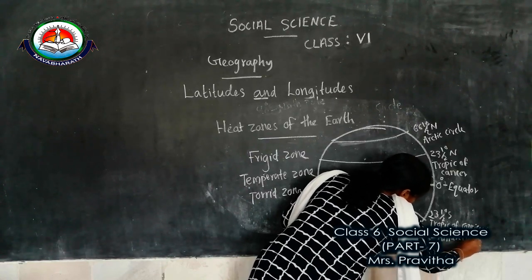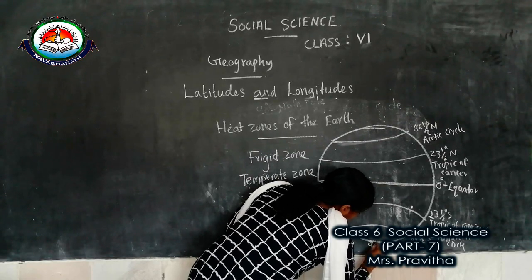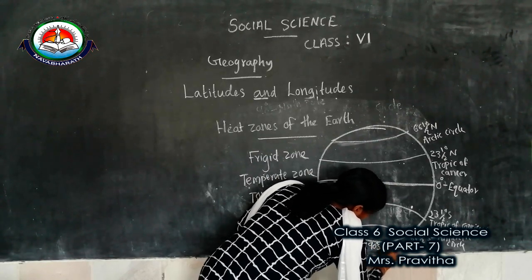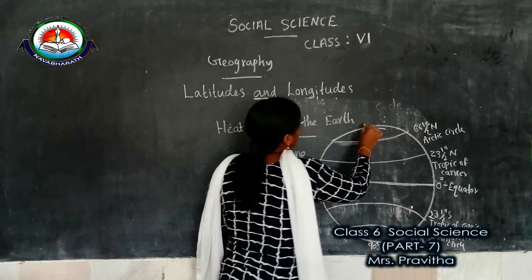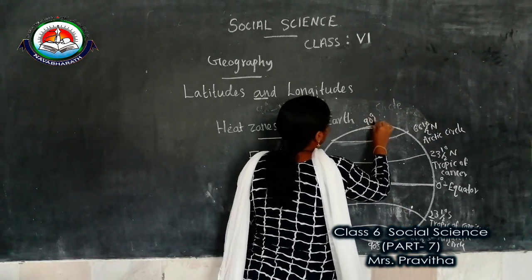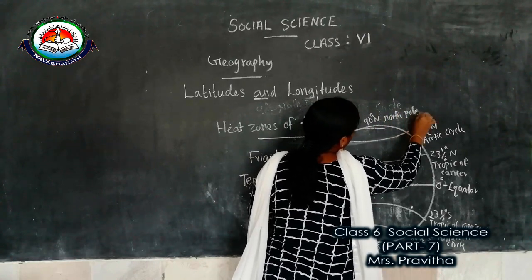Then 90 degrees south, South Pole, and 90 degrees north, North Pole. These are the important latitudes.